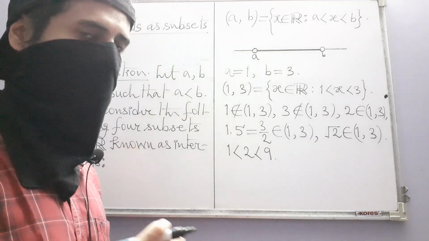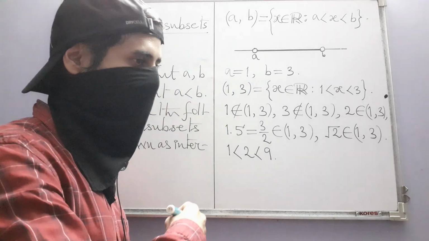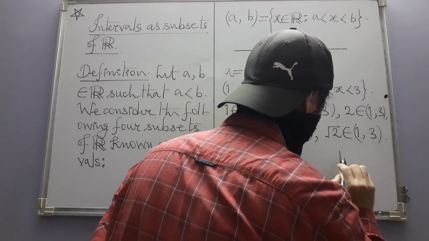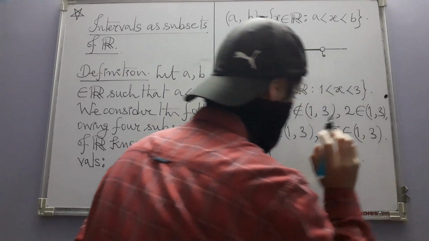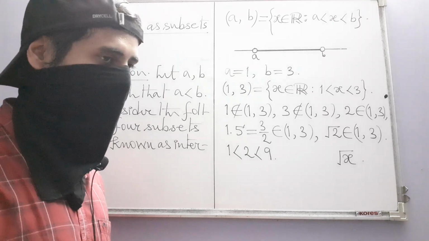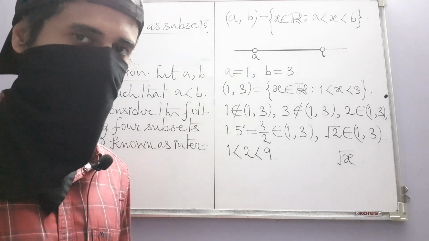A function is something in which you input a value and it gives you back an output. So instead of writing root 2, if I write root x, say, then x is my input and the square root function gives me the square root of x.